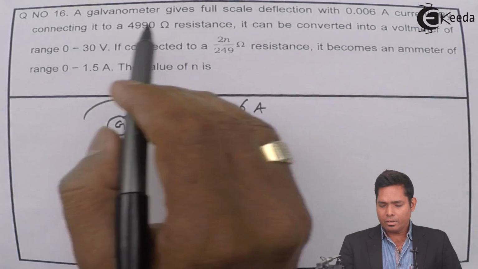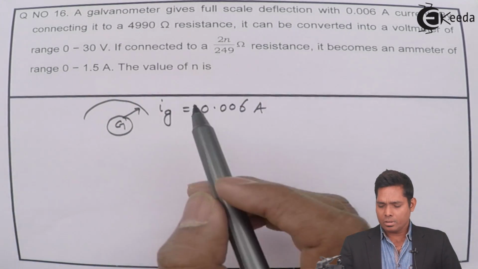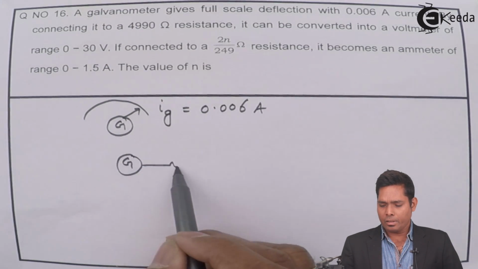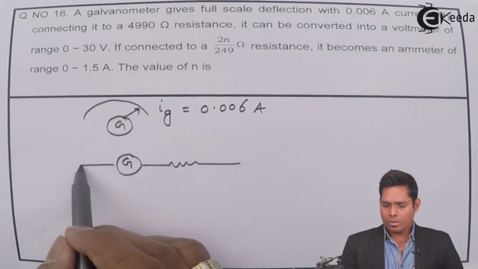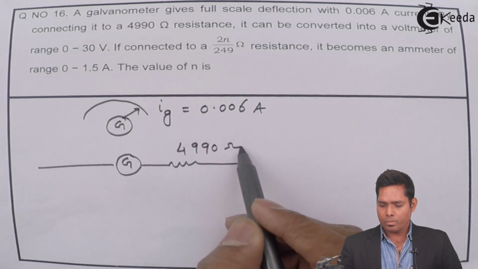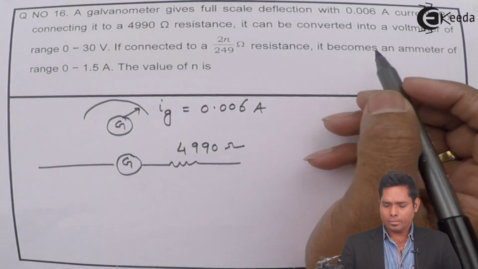By connecting it to a 4990 ohm resistance, that is, when this galvanometer is connected in series with a 4990 ohm resistance, it can be converted into a voltmeter.